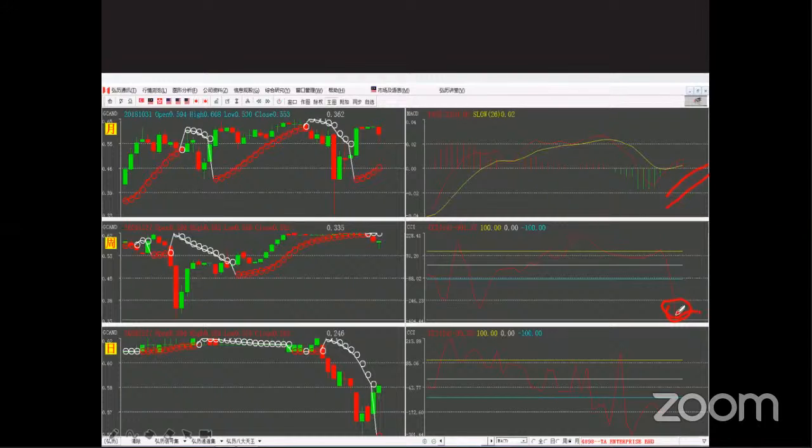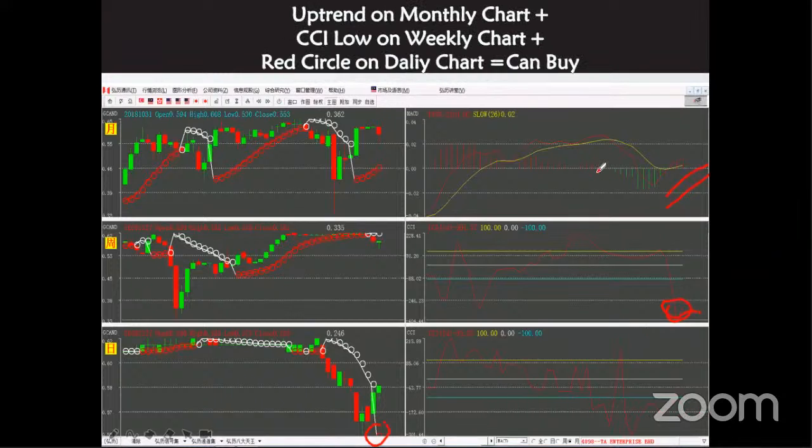So on the daily chart, if the first red circle buy point appears, then of course we can buy. This is an uptrend on the monthly chart, and CCI is low on the weekly chart. So if a red circle buy point appears on the daily chart, then definitely we can just buy.